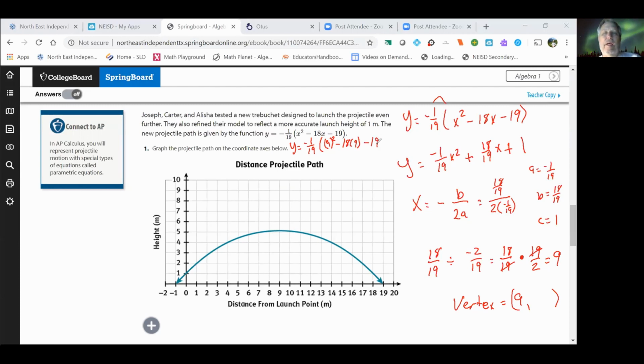Okay. And of course we can do that on our calculator if we have it. I don't happen to have mine, so I'm going to use my phone. So I'm going to go ahead and do everything inside the parentheses first, and then we'll worry about the rest. So this 9 squared is going to be 81 minus 18 times 9.